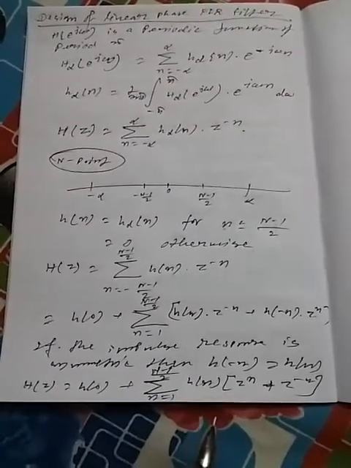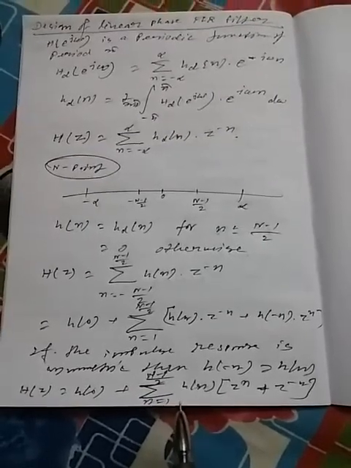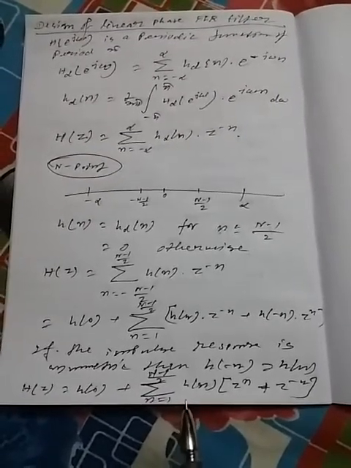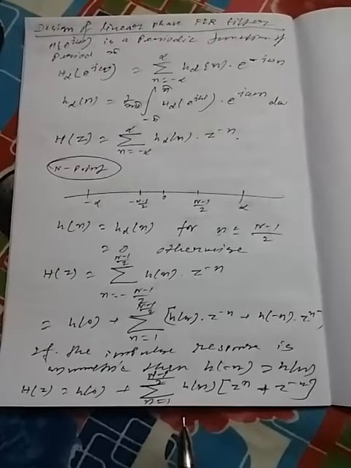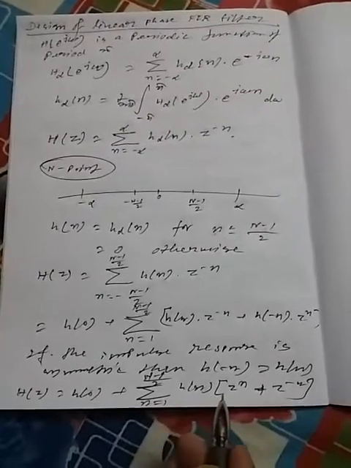Now this transfer function is not physically realizable. The realizability can be brought by multiplying this equation by z to the power minus (N minus 1) by 2.